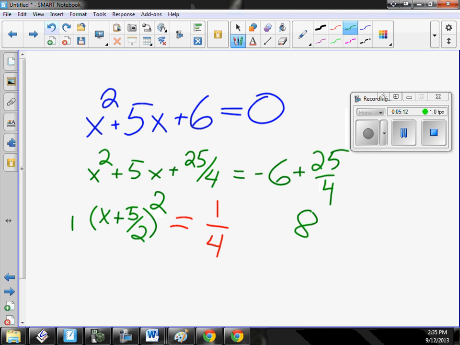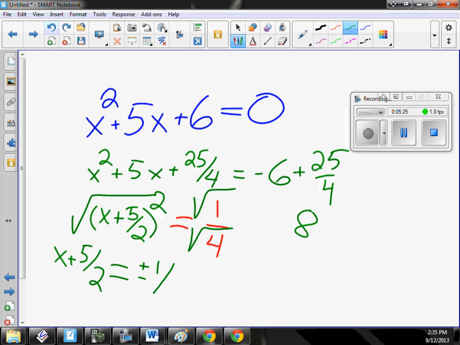So we square root the top and the bottom, and I get x plus 5/2 equals plus or minus 1. What's the square root of 4? 2. 1/2. Now I subtract 5/2. And this is really easy to do.